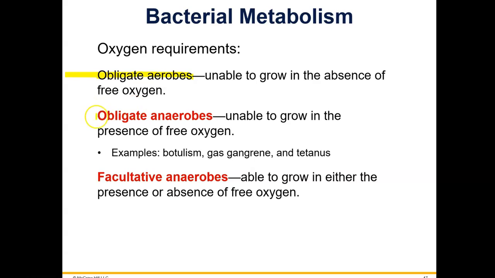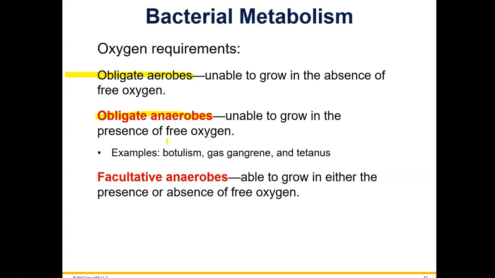If it's an obligate anaerobe, it cannot survive in the presence of oxygen. So it must have the absence of oxygen to survive. The bacterium that causes botulism, gas gangrene, and tetanus, botulism is a disease you get from eating improperly canned foods.